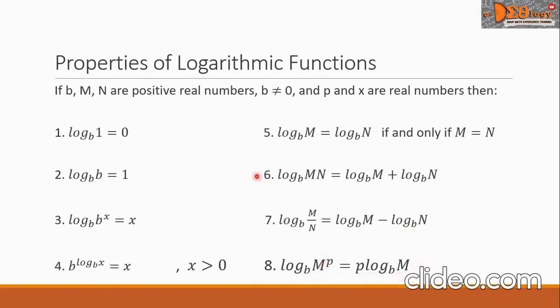Take note of these properties 6, 7, 8, because the logarithm lightens up the respective operations. Look at the product. This is equal to the sum of each factor. For number 7, the division becomes subtraction. And for number 8, the exponent or the power becomes product in here.